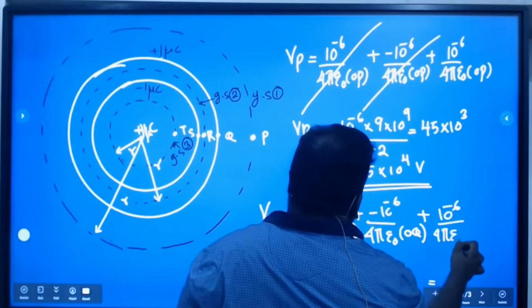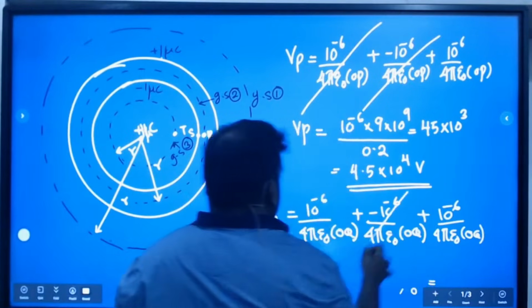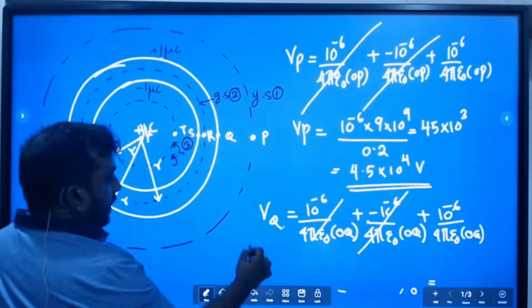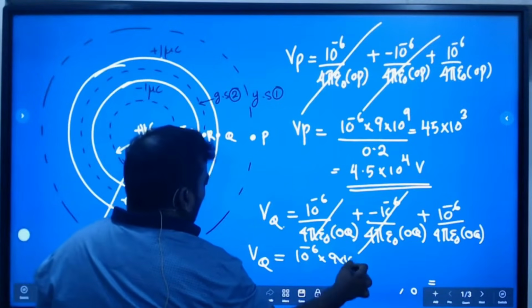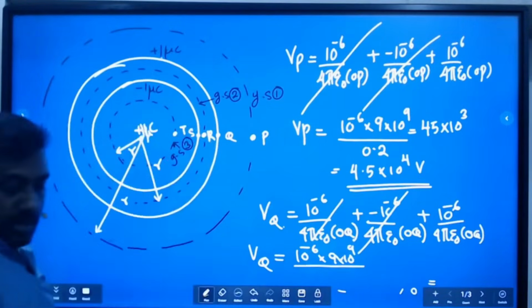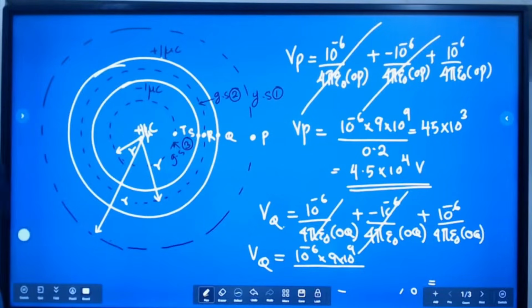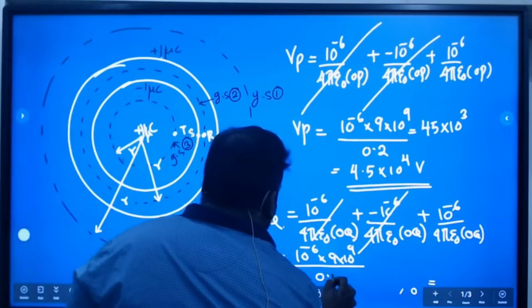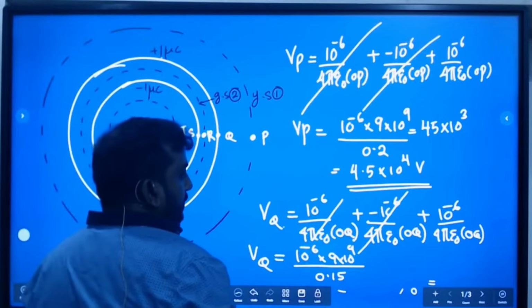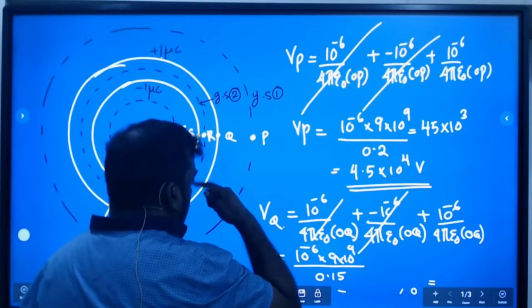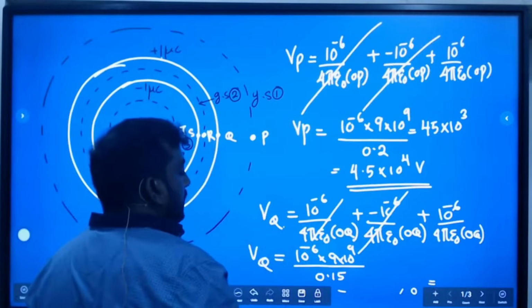These two cancel out. Potential at Q is equal to 10 to the power minus 6 times 9 times 10 to the power 9 divided by the OQ distance. OQ is 15 centimeters, 0.15. 900 divided by 15, how much? 60.